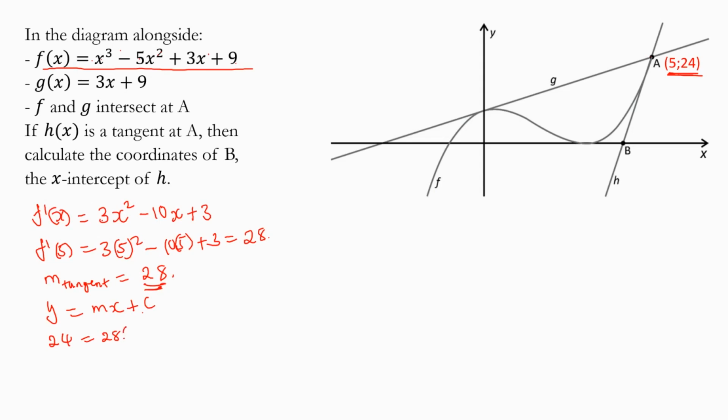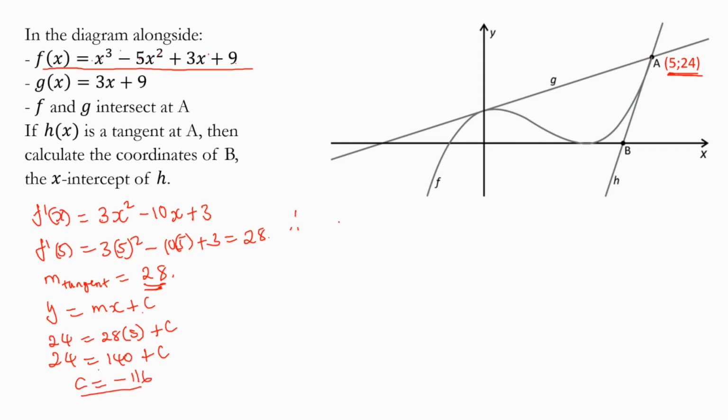And then x is what? It is 5. Then plus c. And then what is 28 times 5? 140. So 24 is equal to 140 plus c. And then we subtract 140 from both sides. We find that c is equal to negative 116.